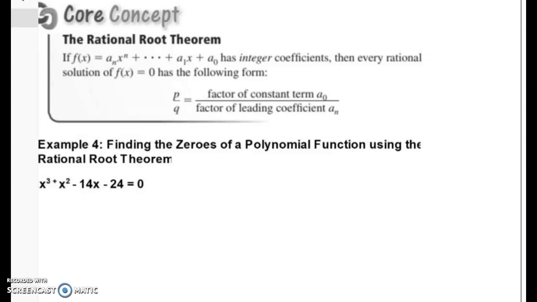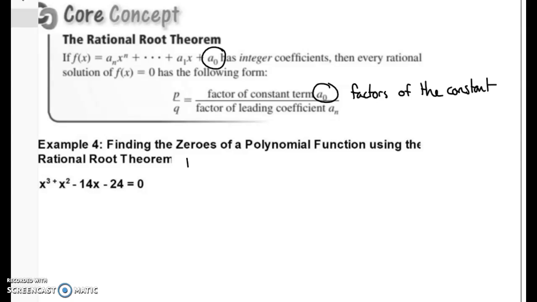So the P is the factors of the constant term a sub 0. Basically, it is the factors of the constant. So like down here, the constant is negative 24. Now we don't have to worry about the positive or negative at this point.